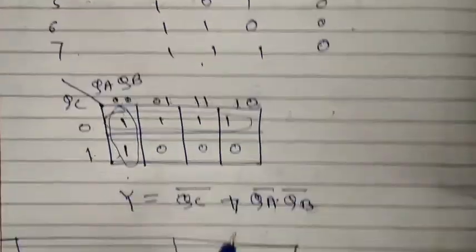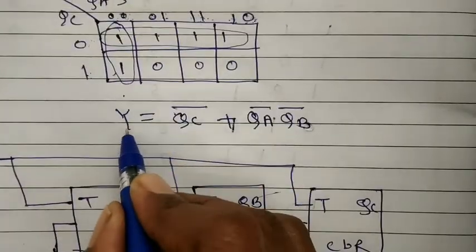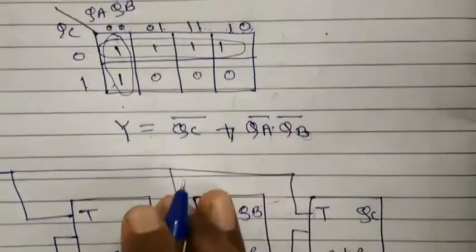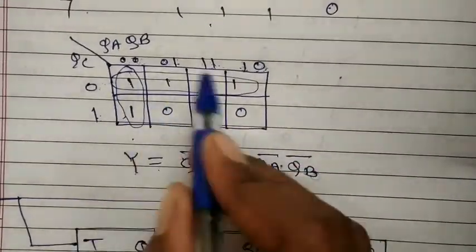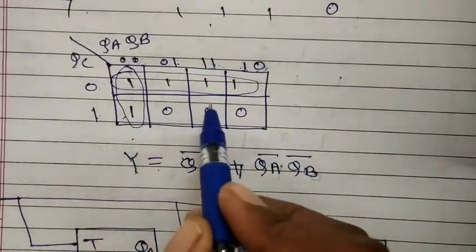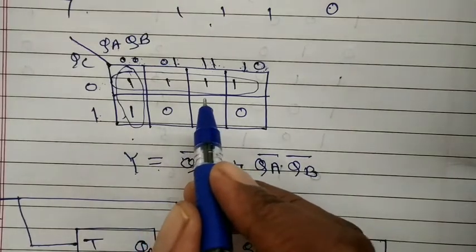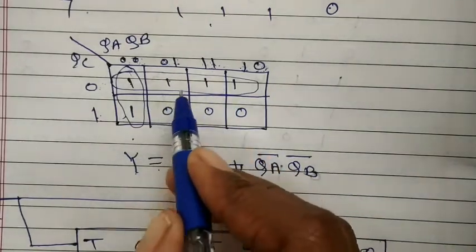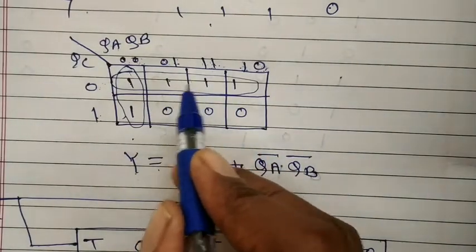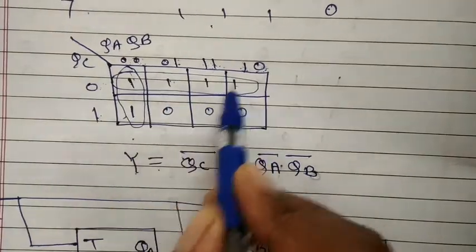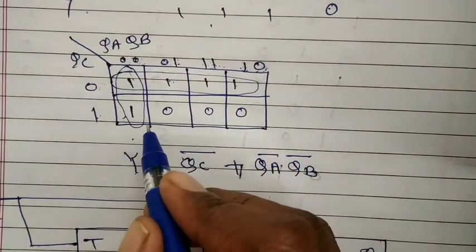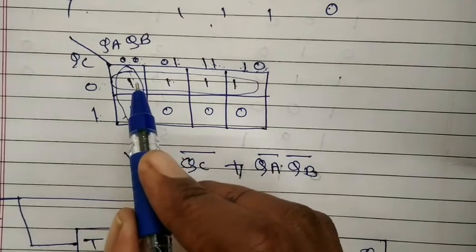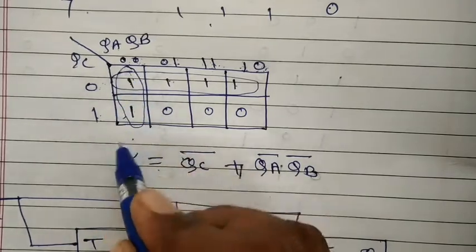Now writing the expression for this output y, as per the K-map rules, first we should think about the octet, which means a group of 8 ones, then quad, which means a group of 4 ones. So I am getting a group of 4 ones, and then think about the pair, that is groups of 2 ones. So I am getting a pair also.